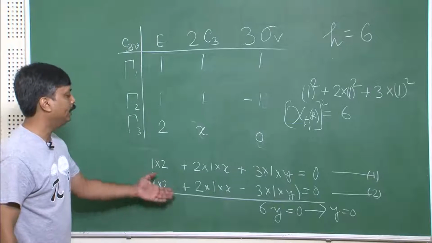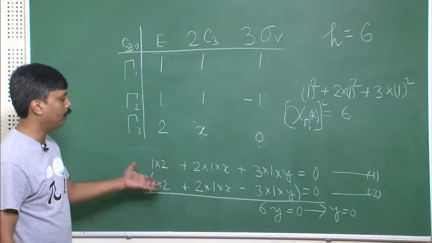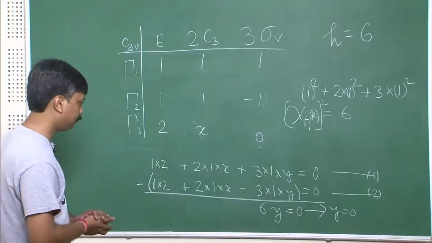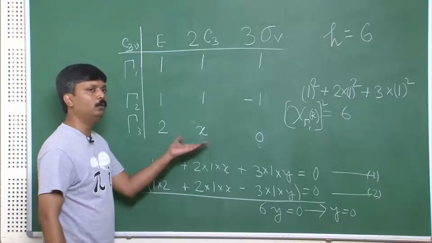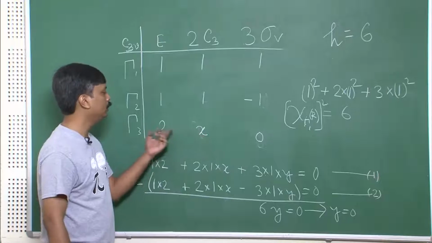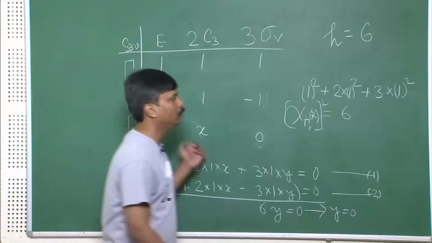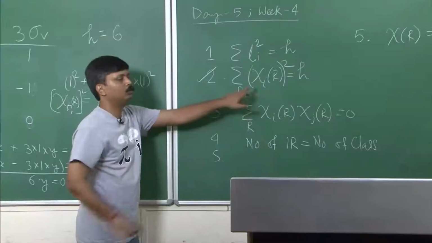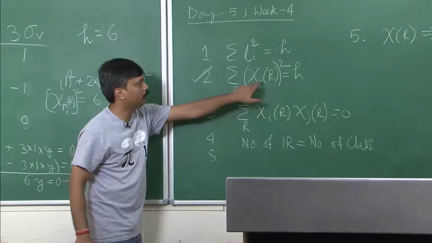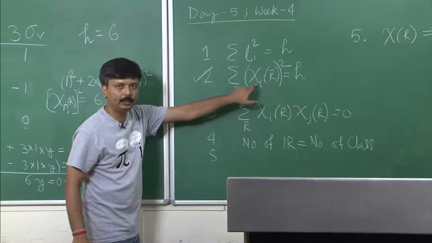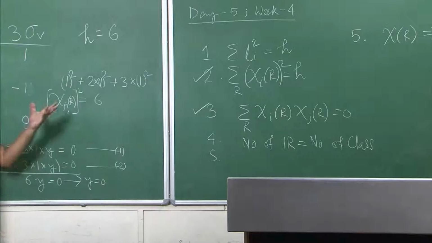Now, I can again add these two and then get the value of x. But without doing that also I can easily figure it out, because if I look at rule 2, the sum of the squares of the characters of any IR is equal to the order of the group.